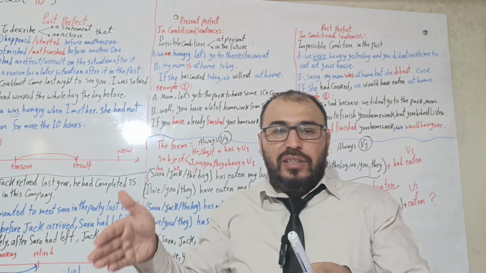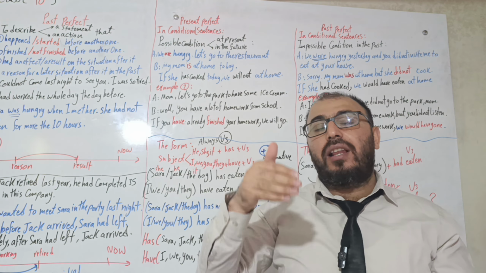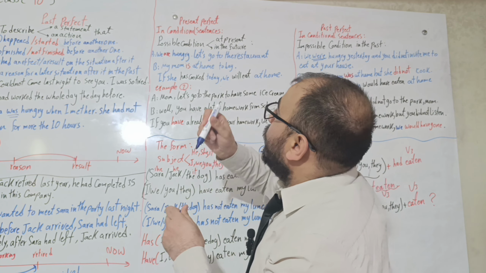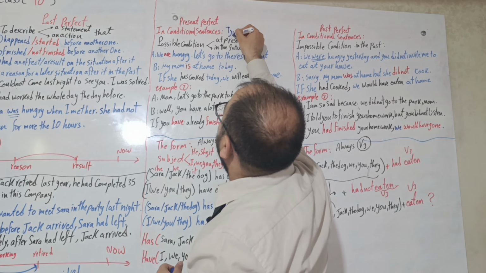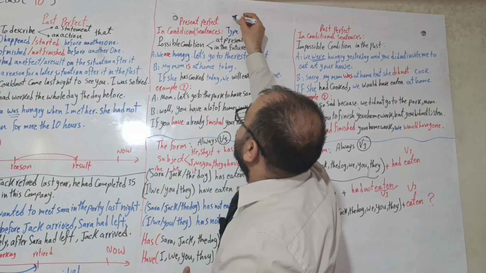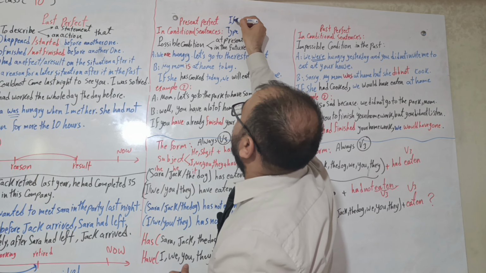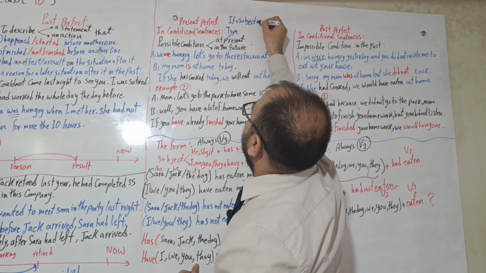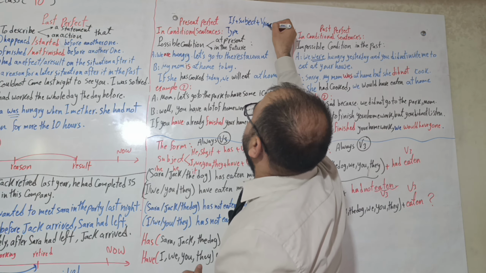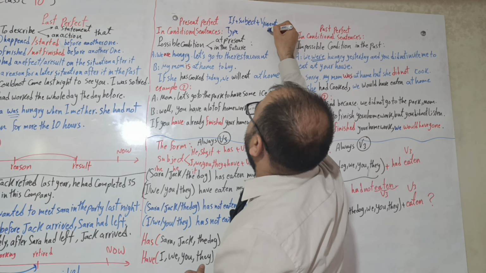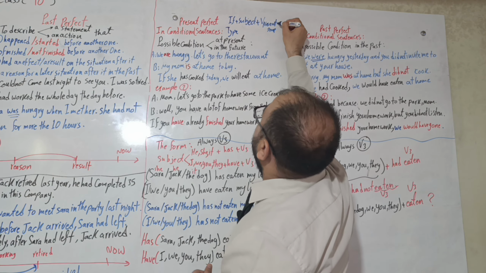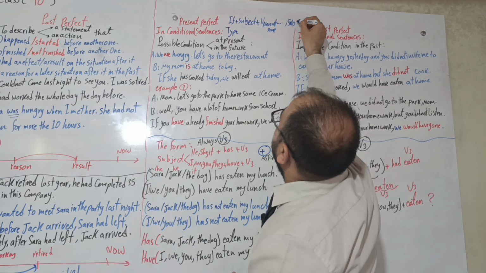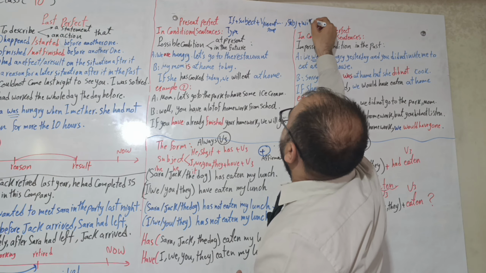So 90% of the teachers tell their students, if you want to talk about type 1 conditional sentences, generally use if plus subject plus verb in present simple, then another subject plus will.